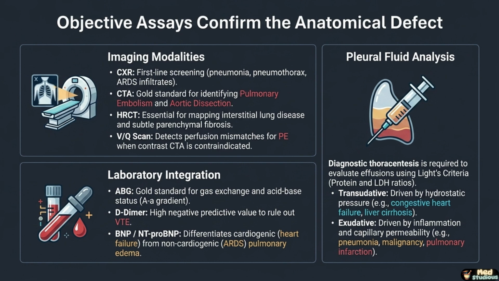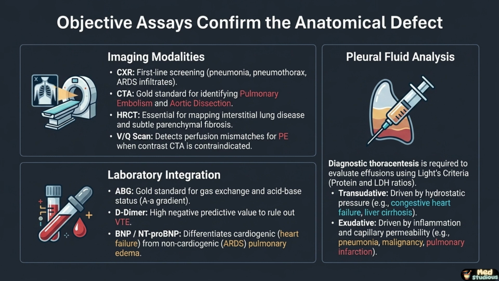Laboratory testing complements imaging perfectly. Arterial blood gas analysis remains the gold standard for assessing gas exchange and acid-base status through the AA gradient. D-dimer testing carries a high negative predictive value, making it excellent for ruling out venous thromboembolism. And BNP or NT-proBNP levels help distinguish cardiogenic heart failure from non-cardiogenic causes of pulmonary edema, like ARDS.